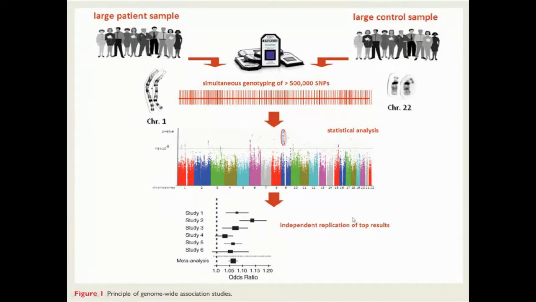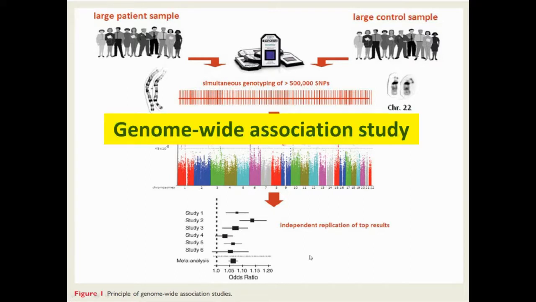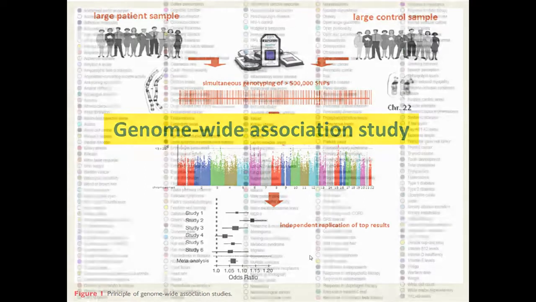So you get independent replication of top results, and then in the end you get your odds ratio, the effect size of a particular signal or SNP, or many SNPs that you are finding. So that's the principle of these genome-wide association studies.